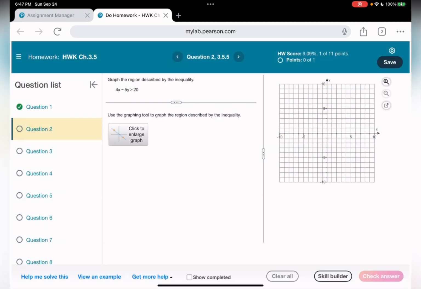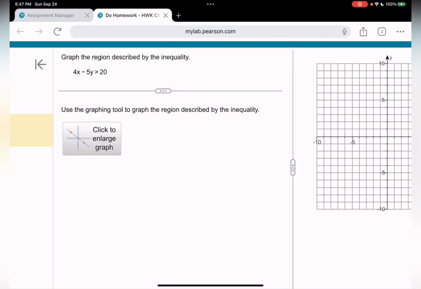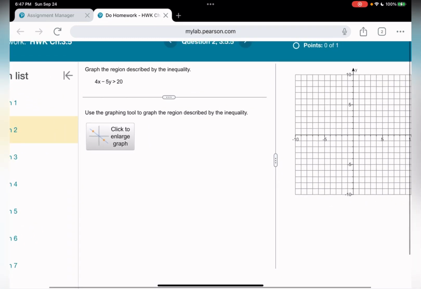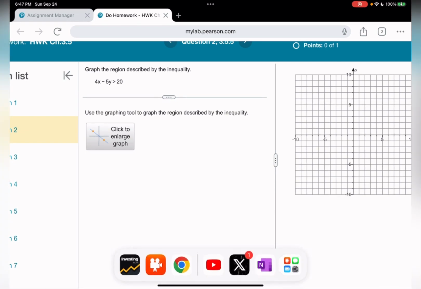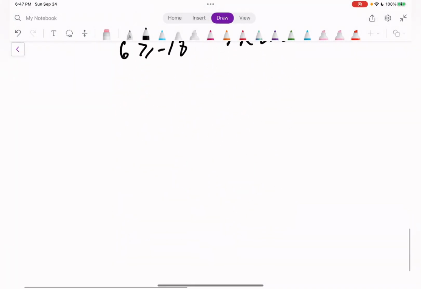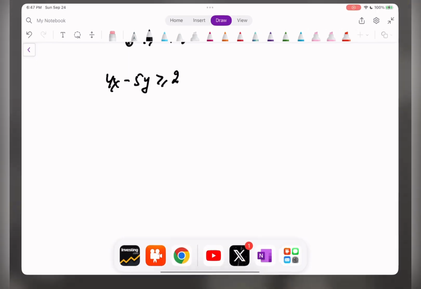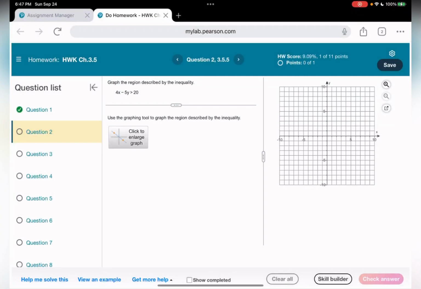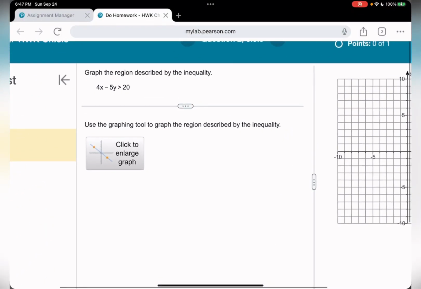What do we have here? 4x minus 5y greater than 20. Did I put it right? Greater than 20, okay.